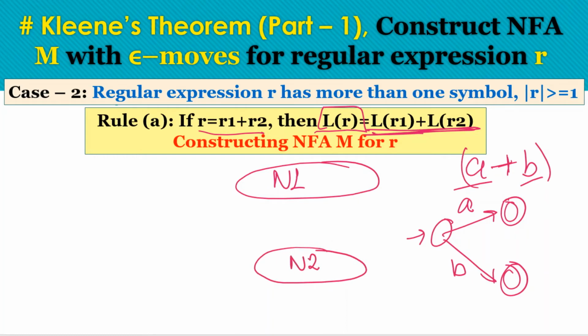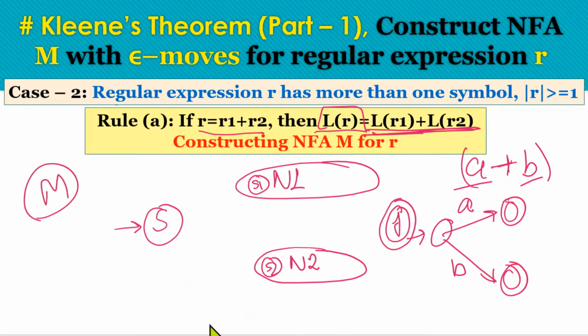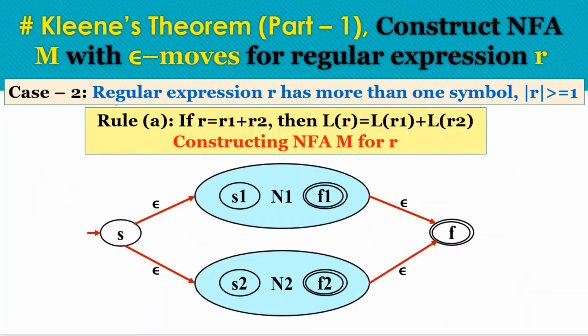We just need to union these two machines, and to do so we need to add one extra initial state S. Here we have S1, here we have S2, and one extra final state F. This final state will be the final state of the complete machine M. So this is the complete machine M. Now we are just linking these machines with the newly added initial state and final state using null moves, the epsilon moves. So this is our equivalent machine. Very simple. So this is our final machine.